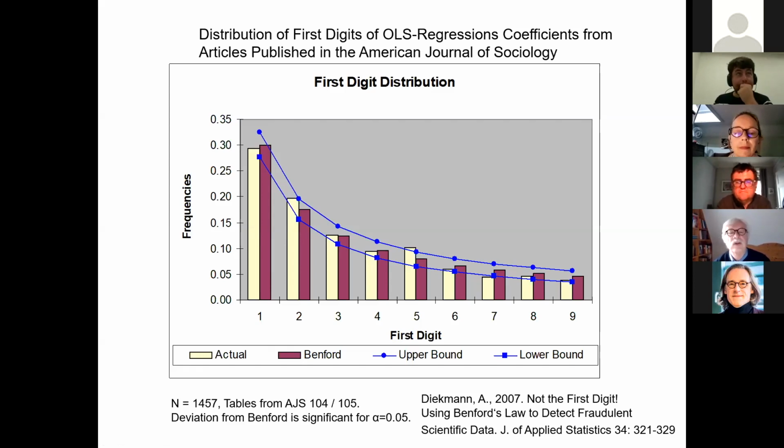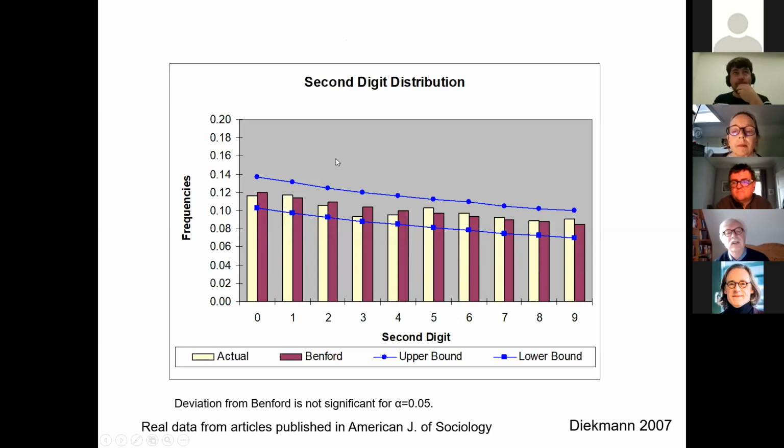We looked at all the regression coefficients, and the first digits of the regression coefficients are very much in accordance with the Benford distribution. The same is true for the second digit. The second digit is more evenly distributed.